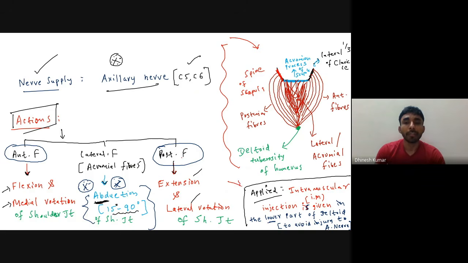Coming to the applied aspect of the deltoid muscle, the clinical importance of deltoid muscle is intramuscular injection, IM injection. Intramuscular injection is given in the lower part of deltoid. Why is it given in the lower part? In order to avoid injury to the axillary nerve.